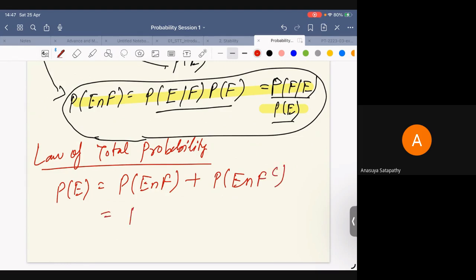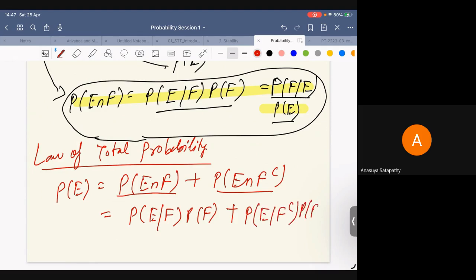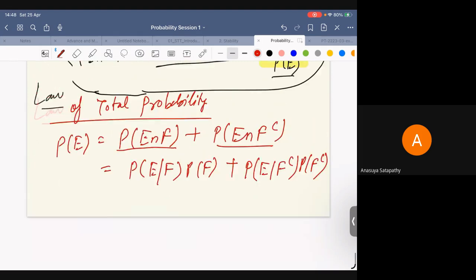I can write probability of E intersection F as E given F times P of F. Can I write the other part as probability of E given F complement times probability of F complement? Right?